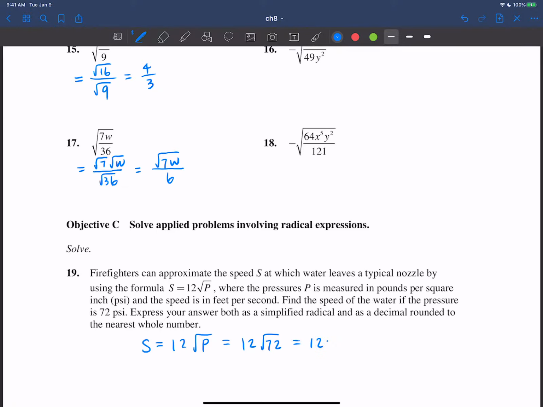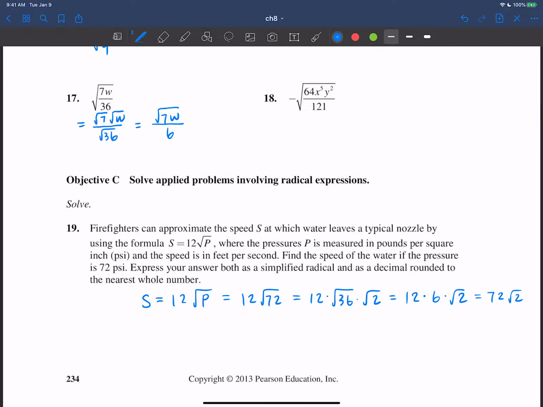To simplify square root of 72, I will break it into square root of 36 times square root of 2, because 36 times 2 is 72. And you simplify each of them. 12 times square root of 36 is 6. Square root of 2 is still square root of 2. And that simplifies to 72 square root of 2.